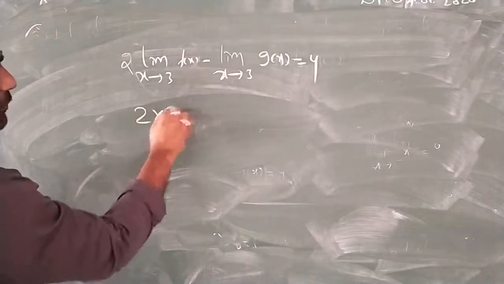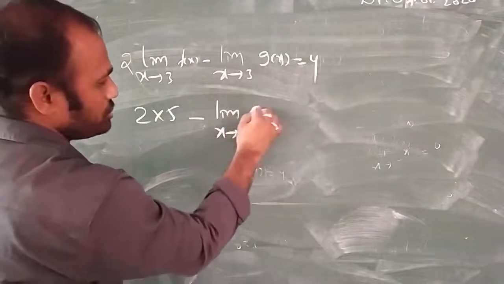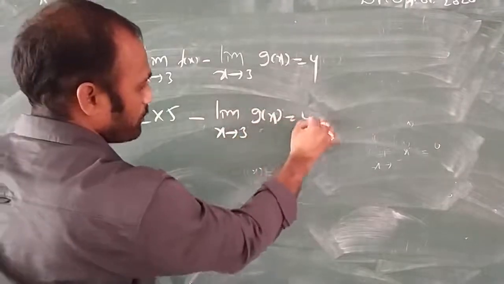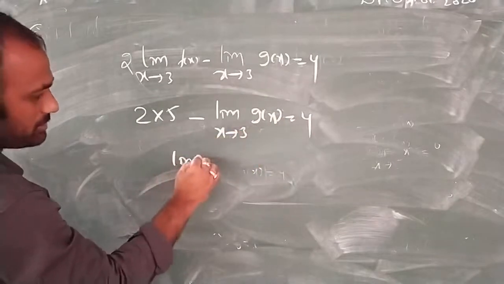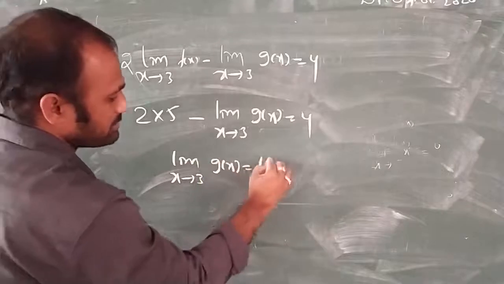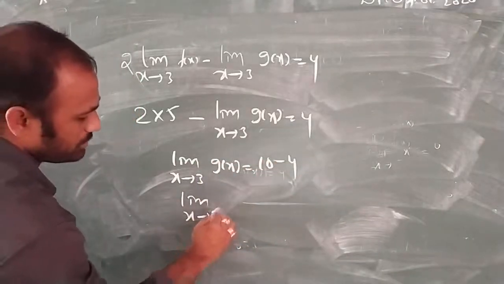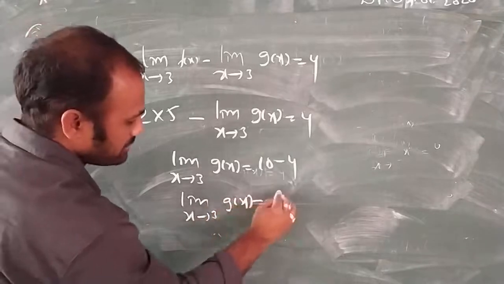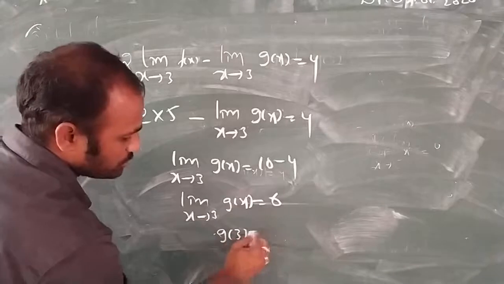So 2 into 5 minus limit x tends to 3 g of x is equal to 4. So it is 10. So limit x tends to 3 g of x can be written as 10 minus 4, which is 6. So it means that g of 3 is also 6.